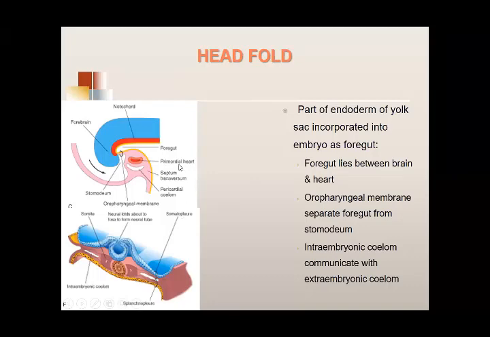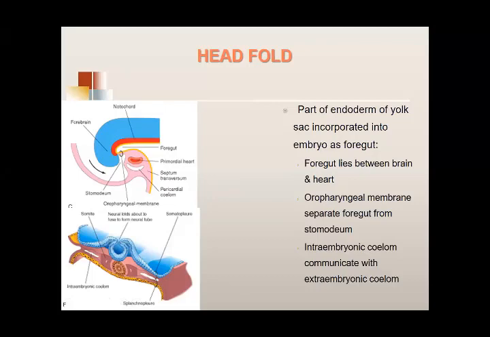You know very well that as the head fold occurs, as this part of the embryo folds forwards, we call this the head fold. Here there was all the yolk sac.